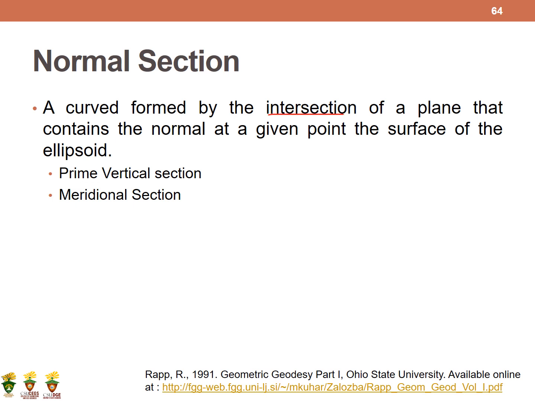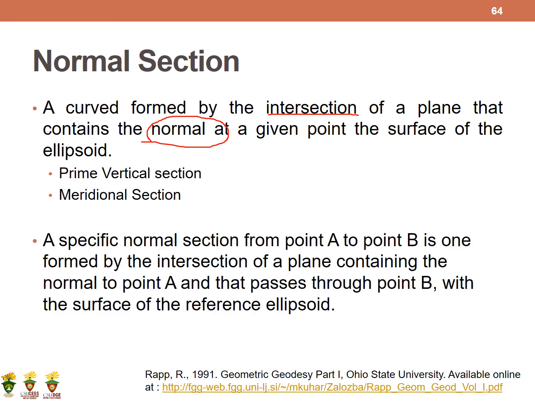When you say normal, that's 90 degrees from the surface, or the point on the surface of the earth. So a specific normal section from point A to point B is formed by the intersection of a plane containing the normal at point A and passing through point B with the surface of the reference ellipsoid.